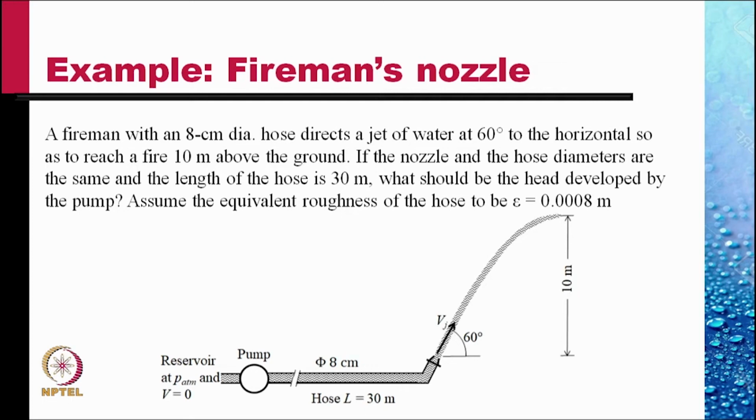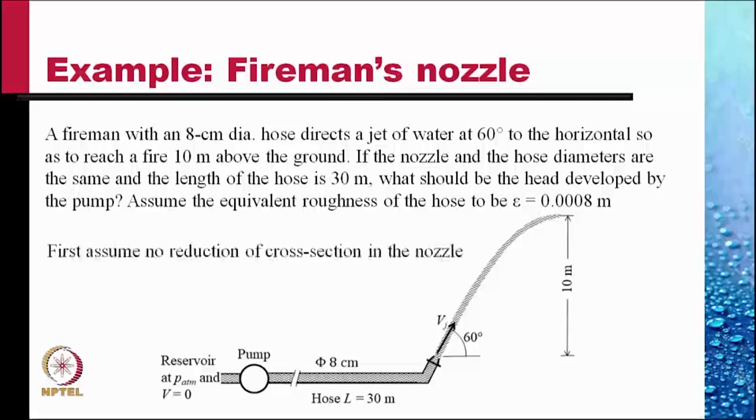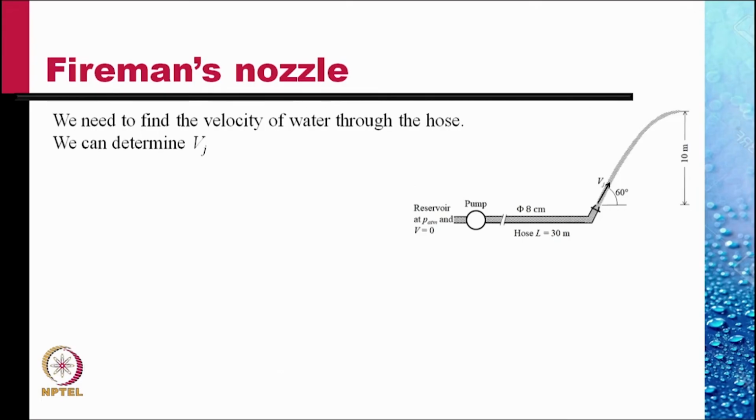So, we will first determine the velocity required. Assume no reduction in the cross section in the nozzle. We need to find the velocity of water through the hose. We can determine Vj.